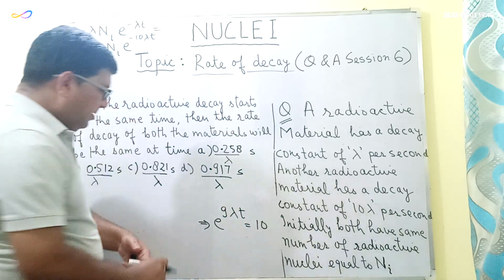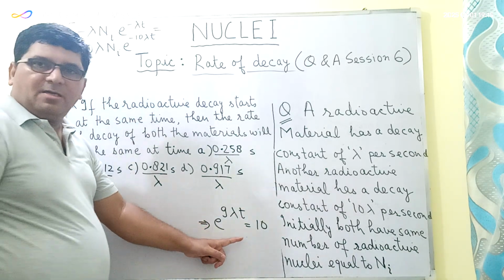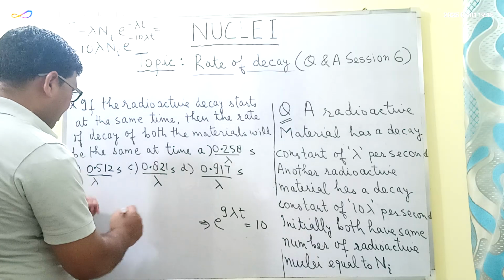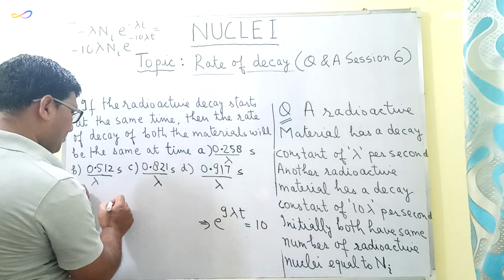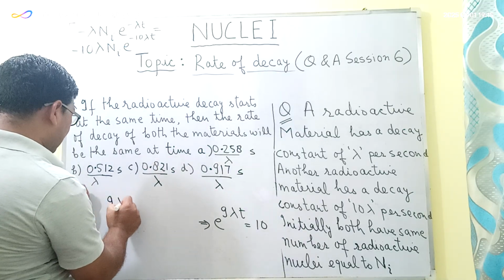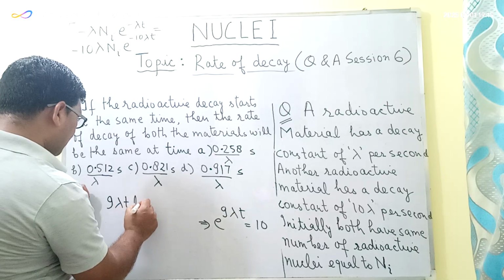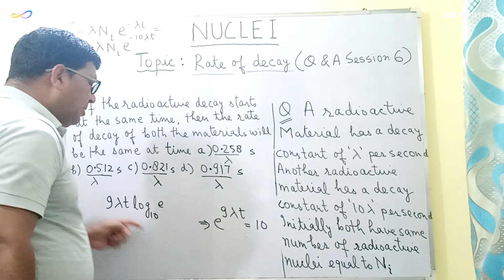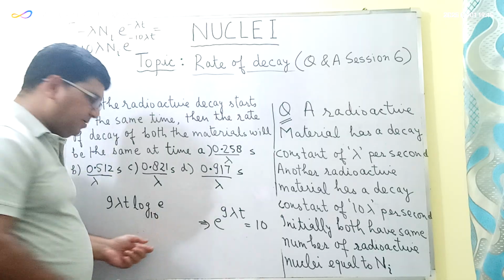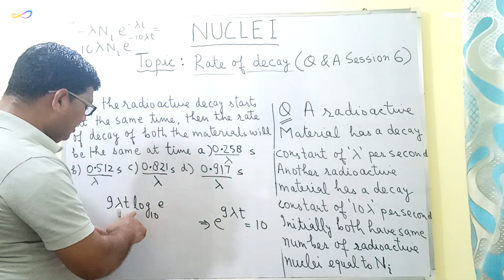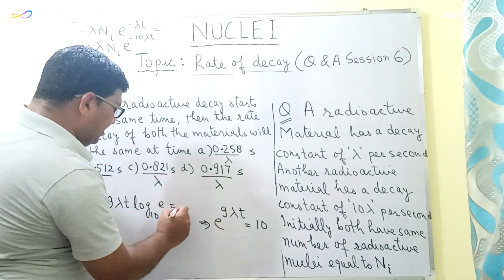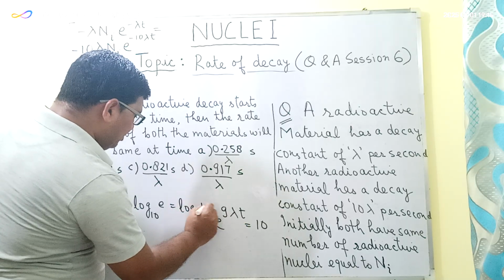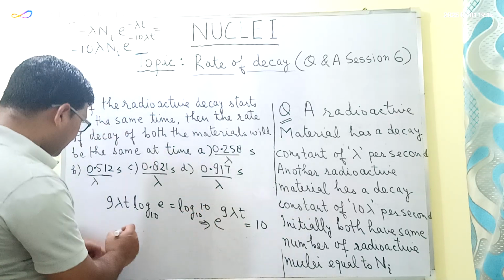Now taking log on both sides of this equation, I will get 9 lambda t log e to the base 10, here I am taking the log to the base 10, equal to log 10 to the base 10.